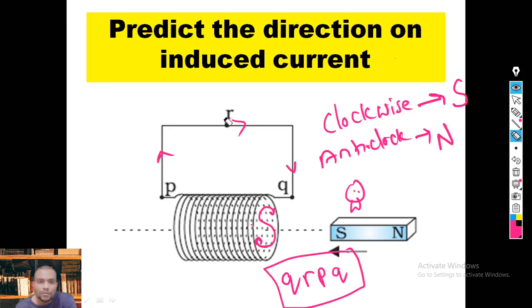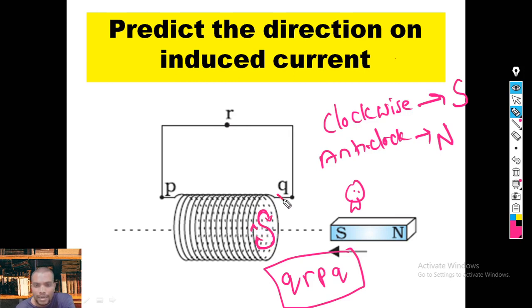Here don't be confused between the clockwise direction in the external circuit and the clockwise direction in the loop. Where do you need to see that? You need to see that in the loop itself. So this is the loop where the south pole is contributing. If I draw the same line in the first loop, the current flows in this direction. Now if you check the answer here, it matches.